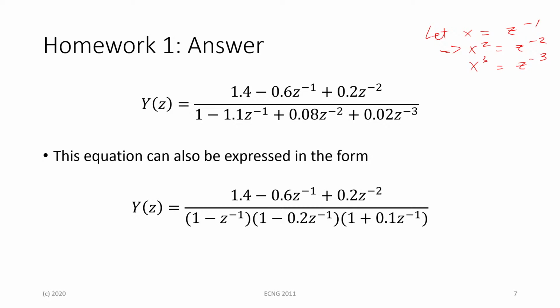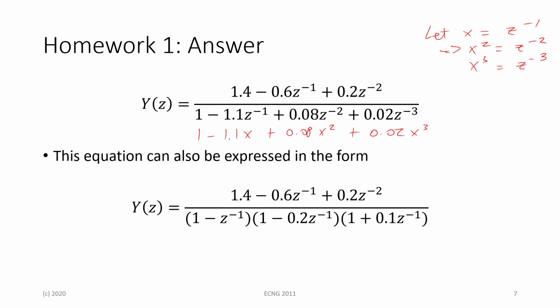So when you transform this, I'm just going to show you the denominator in particular. This will become 1 minus 1.1 x plus 0.08 x squared plus 0.02 x cubed.